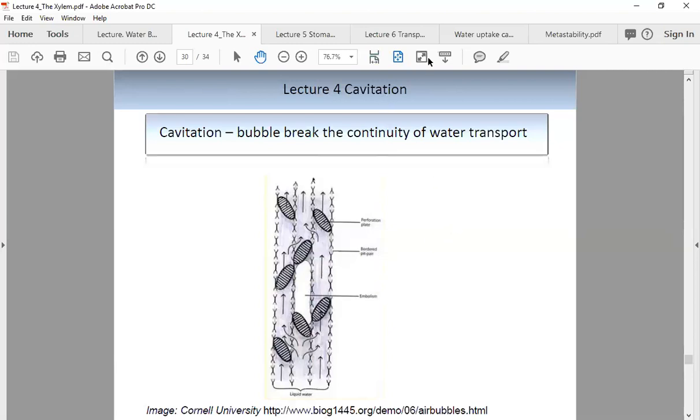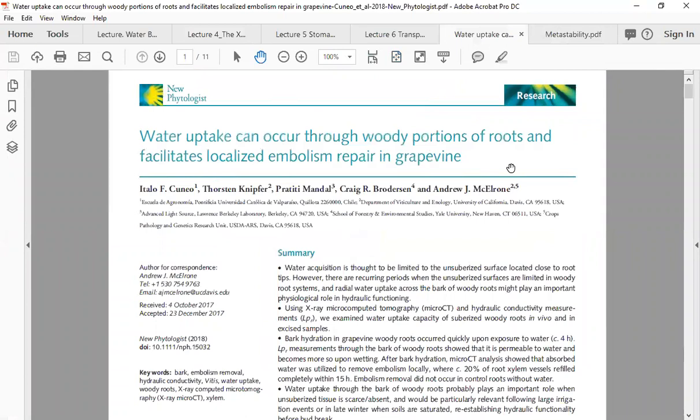While you're thinking about that, any idea how plants can overcome, which of course they can, and it's a very common occurrence, the formation of embolisms? Because plants are so amazing.